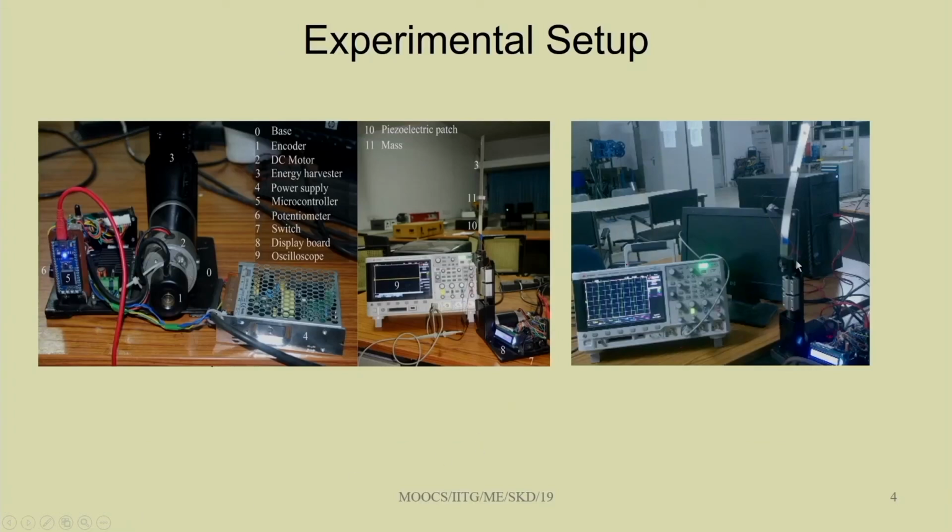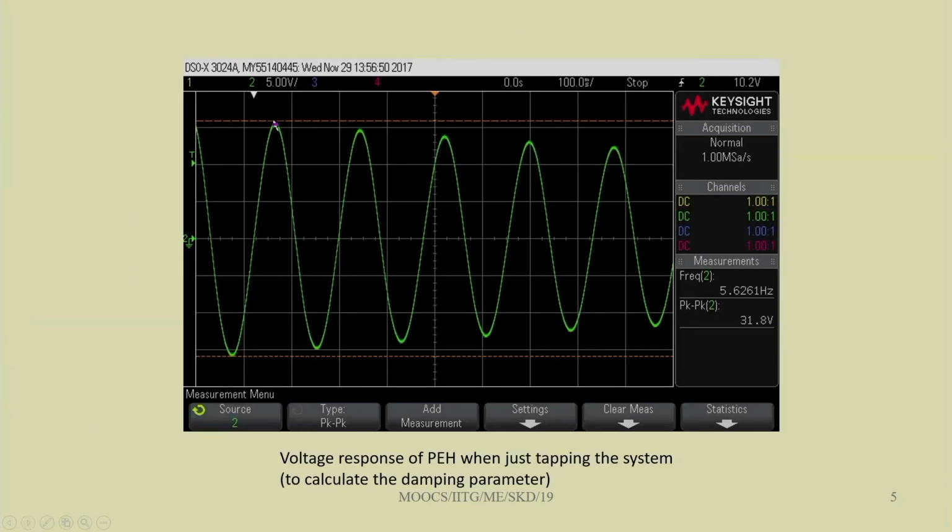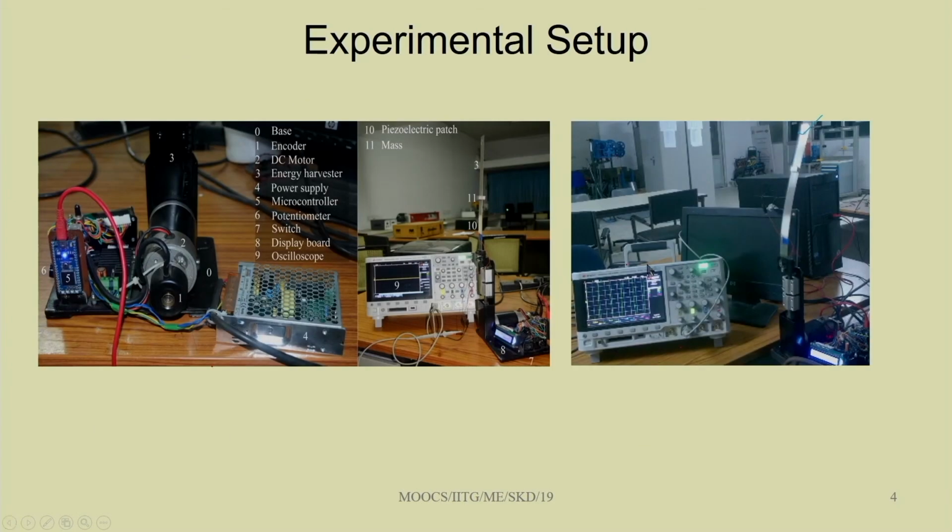You can take a base excited system. For example, this is a base excited cantilever beam, and this is a shaker. We have developed the shaker in house. This is the oscilloscope. You can see we did some experiments and the response is periodic. We have also put some piezoelectric patches on the beam.